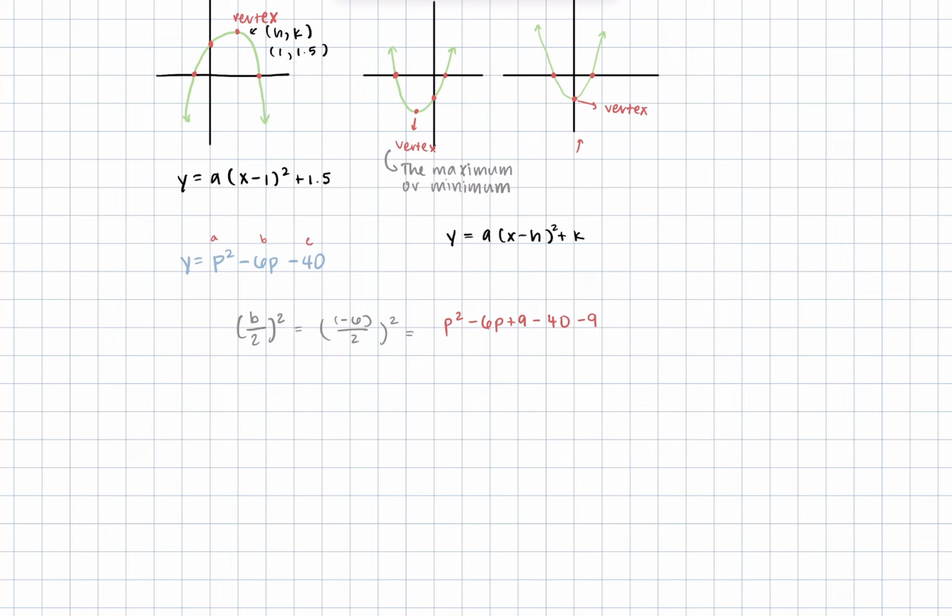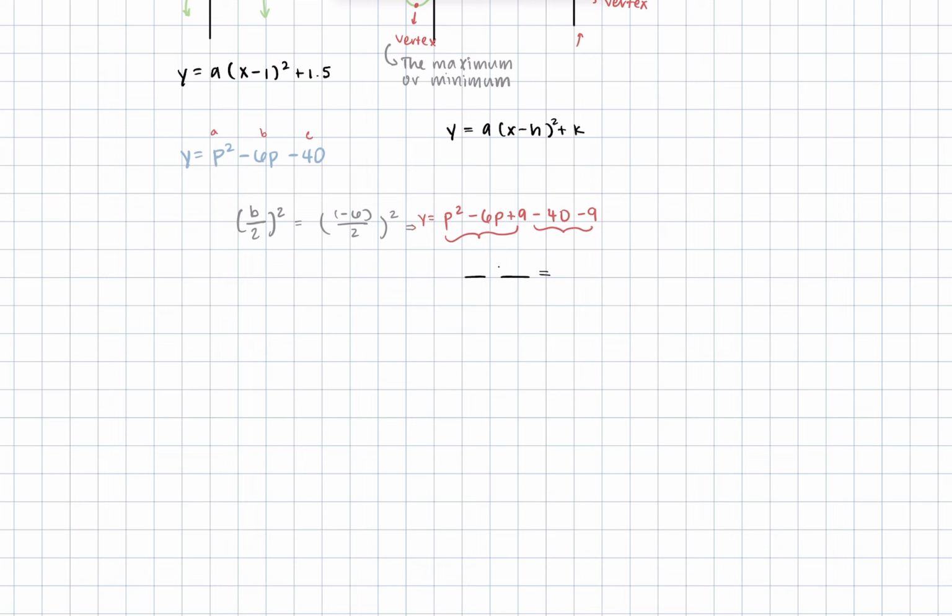We need two numbers that multiply to give us our c value, which is 9, and add up to give us 6, our b value. That would be 3 and 3. Recognize that they're the same. So for our vertex form, we would have the same factors.